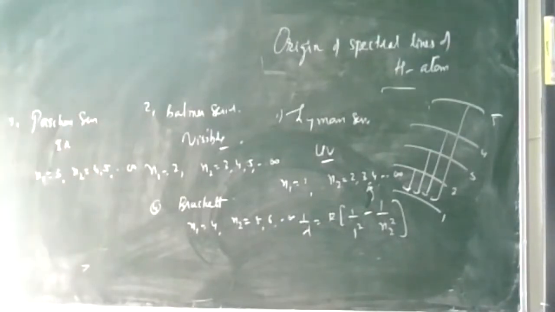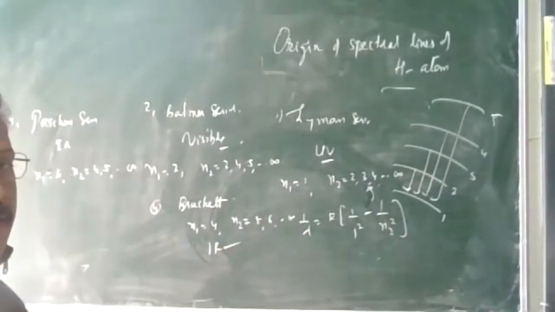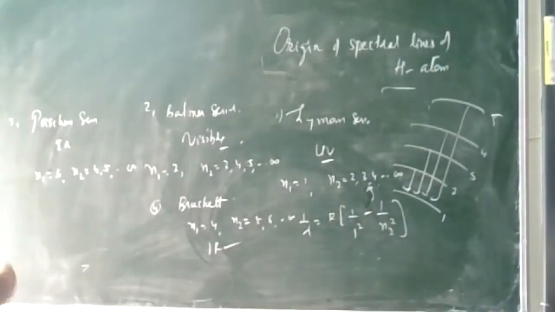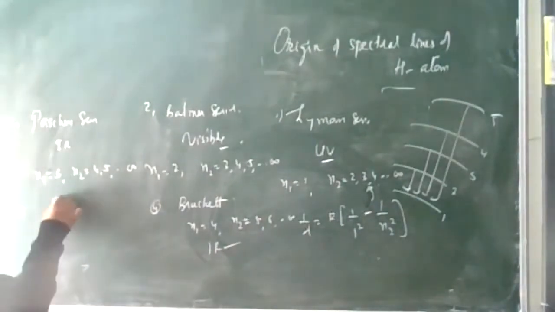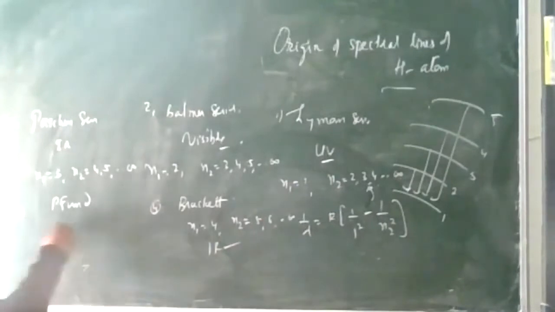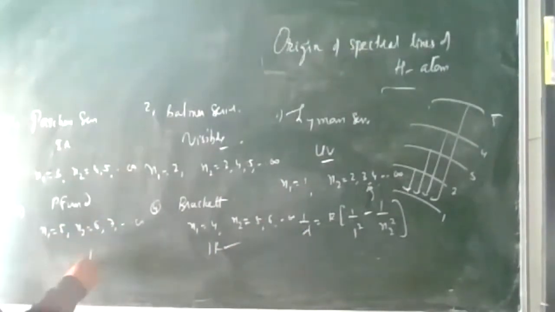They come again in the far end of the IR radiations. We get this as the Brackett series. Again, one more IR series, that is the Pfund series, obtained when n1 equals 5 and n2 is equal to 6, 7, etc. And this also lies in the IR region.